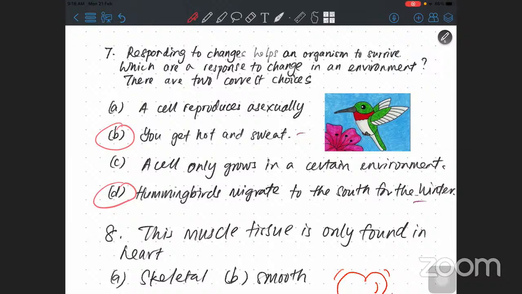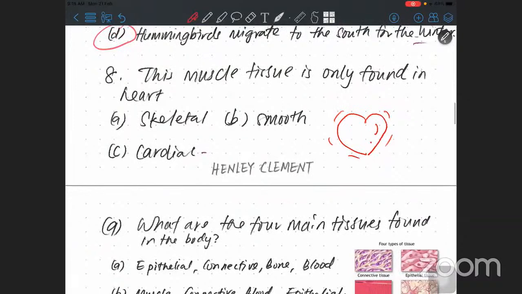Okay, let's go to number 8. This muscle tissue is only found in the heart. We have skeletal, smooth muscle, and cardiac. You may turn the page in the books to the heart.